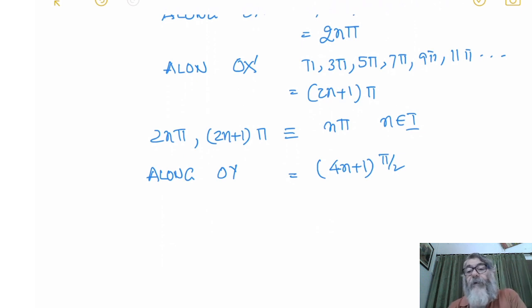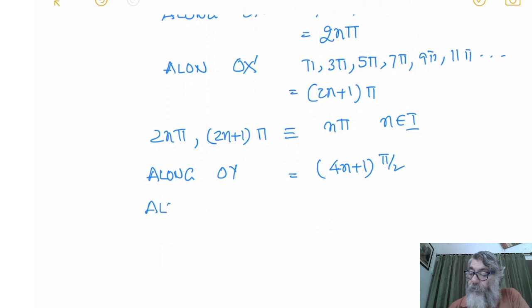If I divide that number by 4, it should leave the remainder 1. That is how the line will fall along OY.